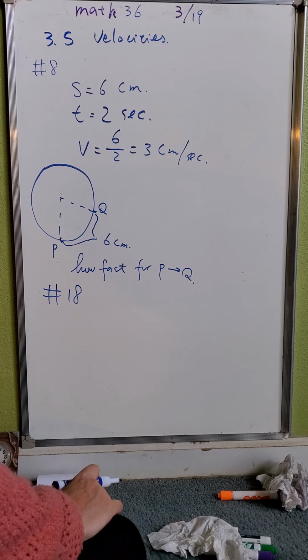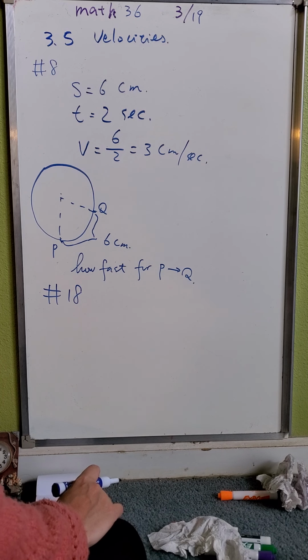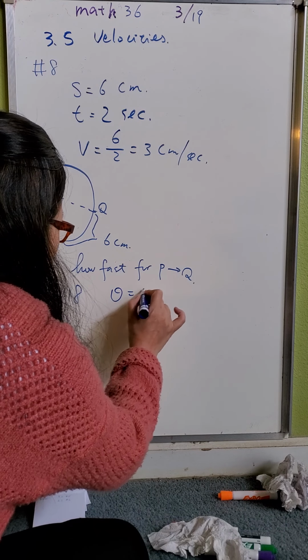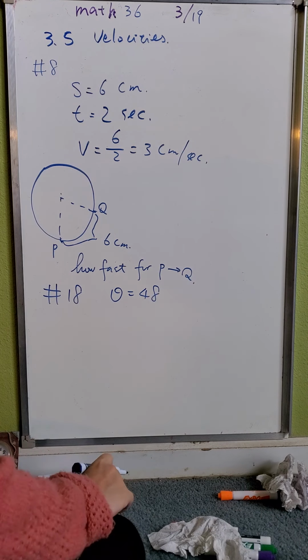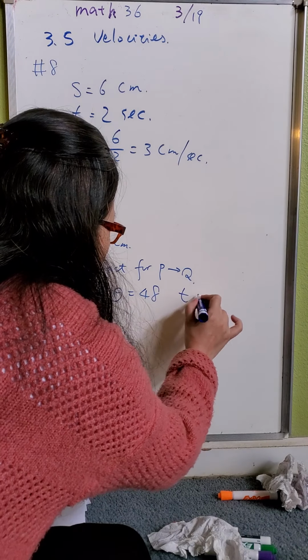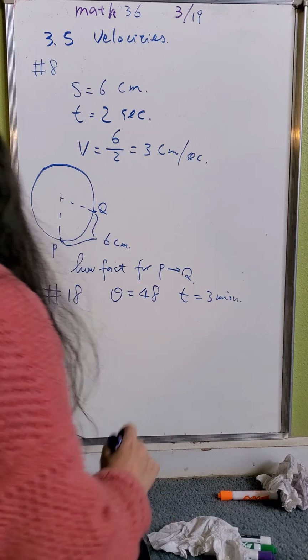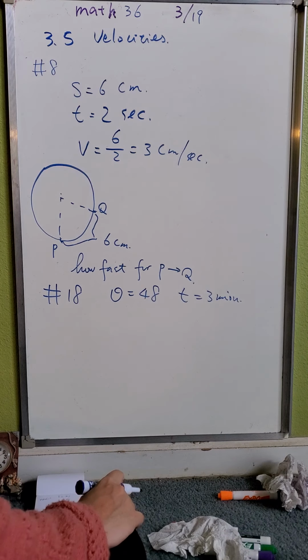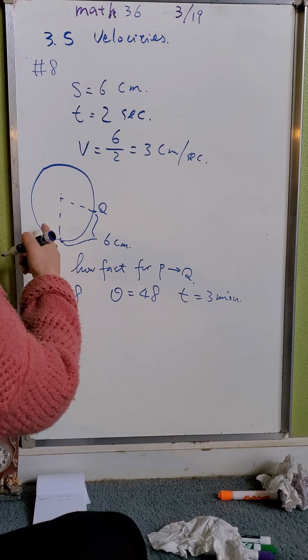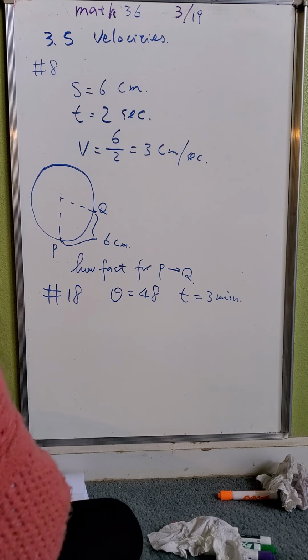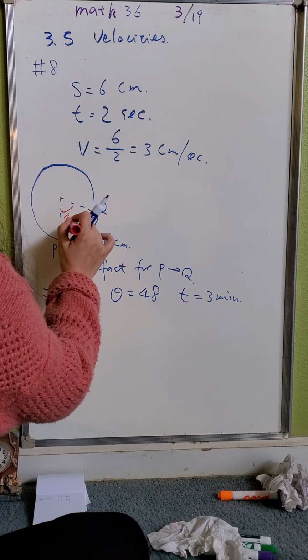This time they said theta is equal to 48 and t is equal to 3 minutes. They want to know what's the angular velocity. Means this time we do this one. I'm going to use the same picture here, and they gave you this is 48.